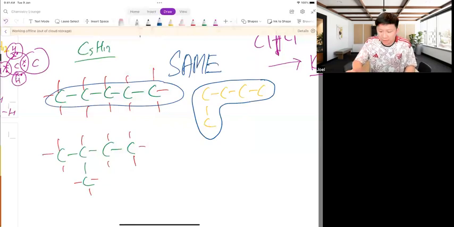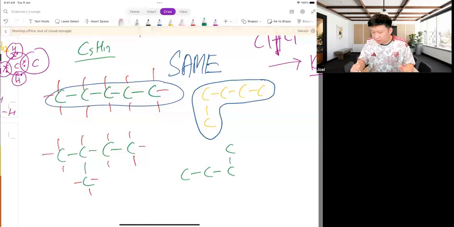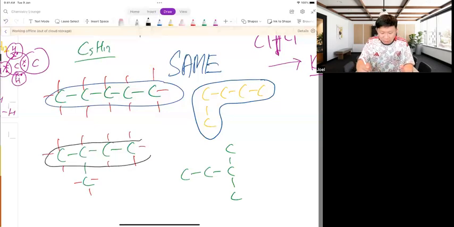Then I think Aaron drew something like this, like that. Not wrong. But you need to know that this is the same as this. For one guy, the branch is at the second carbon.